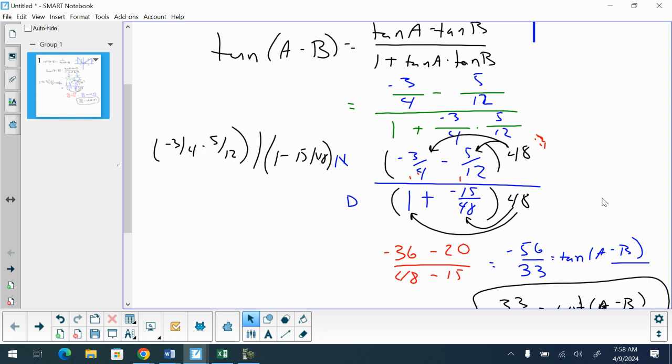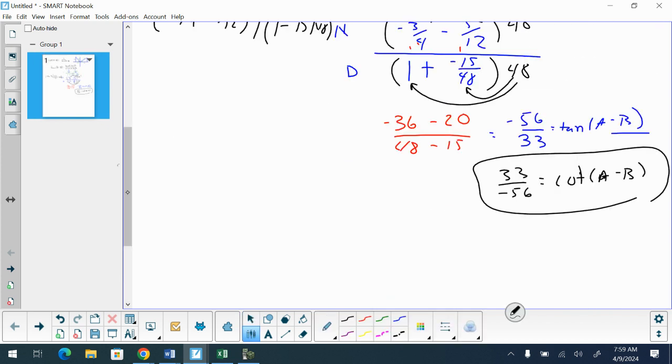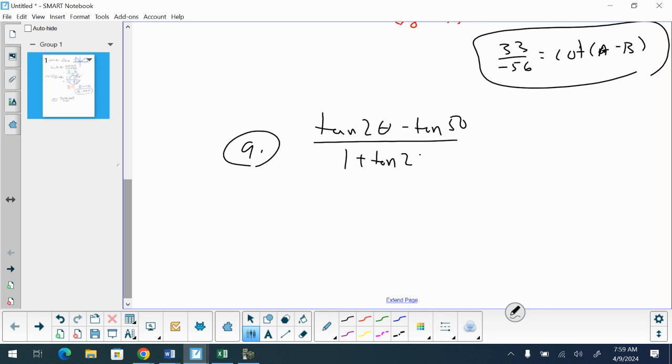Let's take a look at problem number 9. We want to solve for our two general solutions. We have the tangent of 2 theta minus tangent of 50 over 1 plus tangent 2 theta times the tangent of 50, and that's equal to negative square root of 3.